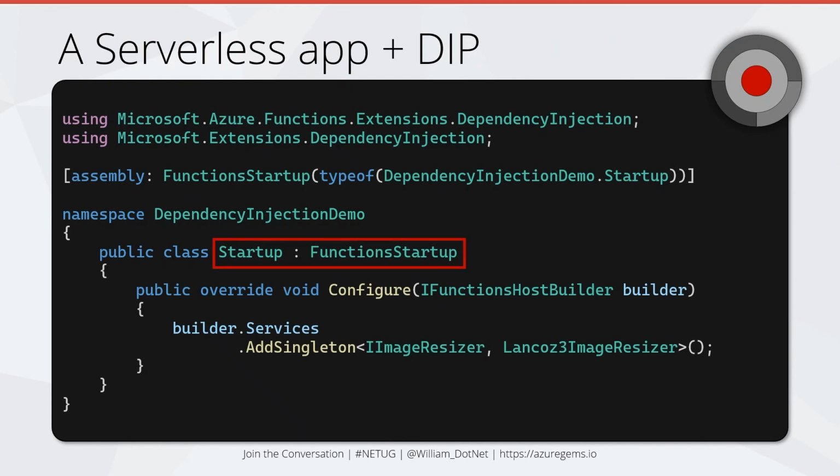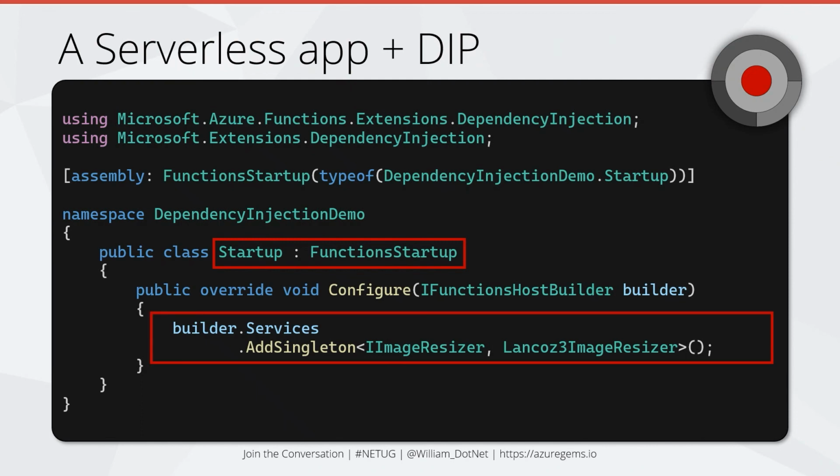So all we have to do is implement or provide our own version of the function startup class, where we can go and add services to a function host builder. So it's very similar to what we used to. And we can see here, I'm injecting an image resizer. I'm using the Lankot's image resizing implementation.